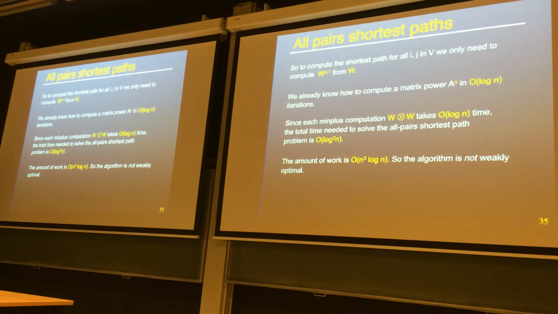The amount of work, unfortunately, is O(n to the power 3 times log n). And that's of course because we need this prefix computation scheme. So our algorithm is not weakly optimal. But of course, if you have enough processors, then it gives you an enormous speed.